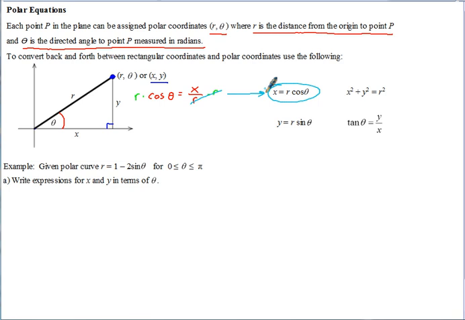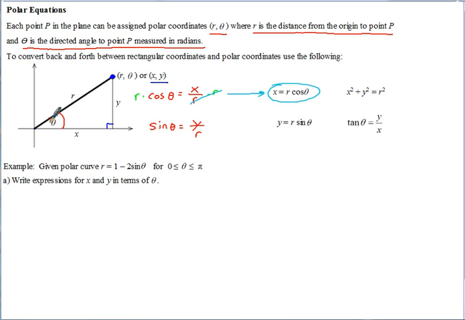In similar fashion, to get the y coordinate in there, notice theta is right here, so y represents the opposite side, and r is the hypotenuse. So the sine of theta equals the opposite, which is y, over the hypotenuse, which is r.